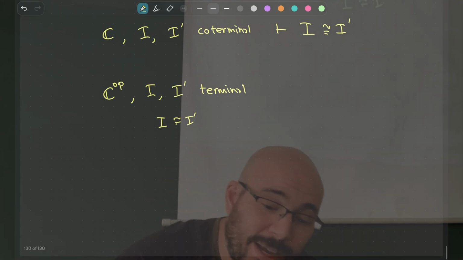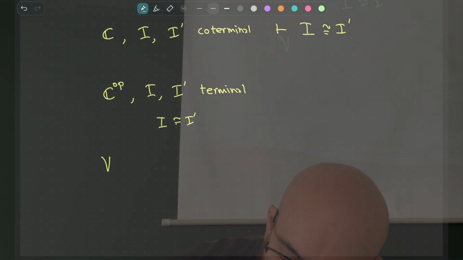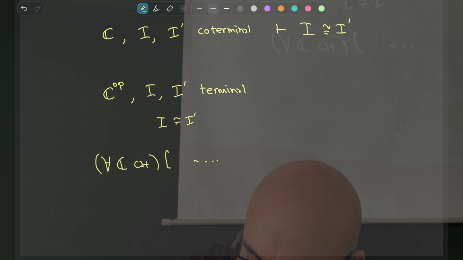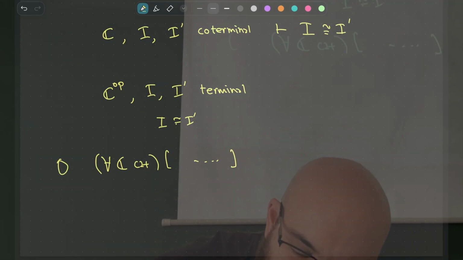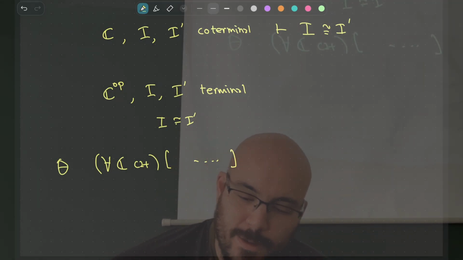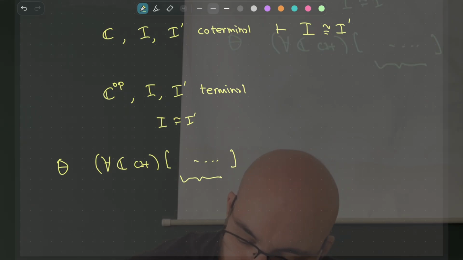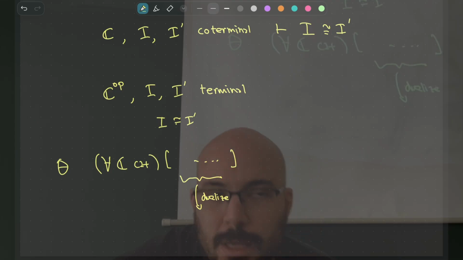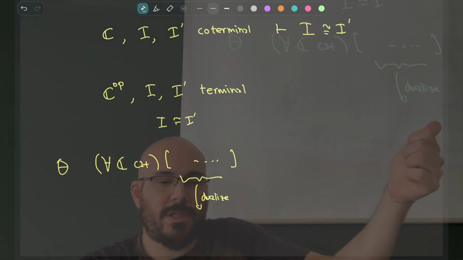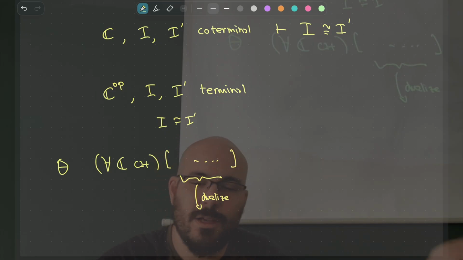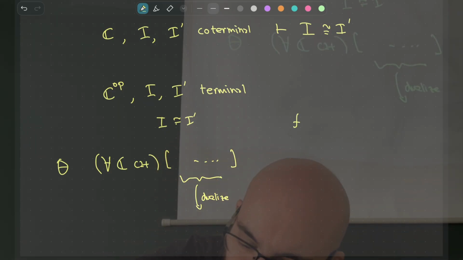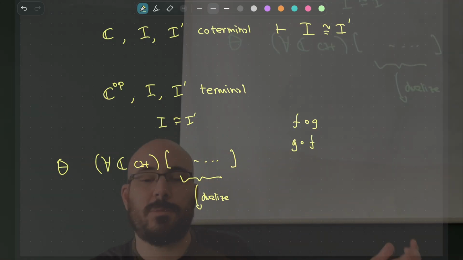Essentially, any theorem that I prove that has this form, for any C which is a category, something holds, any theorem like that, you can dualize it. What does that mean? You change all sources for targets and all targets for sources, and you change all compositions like that to compositions like that, and that's pretty much all you do.